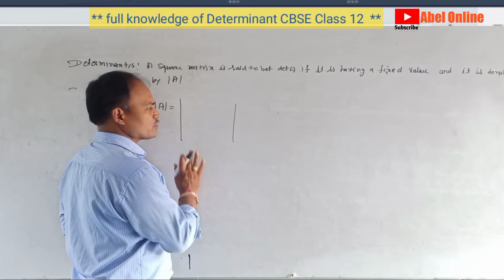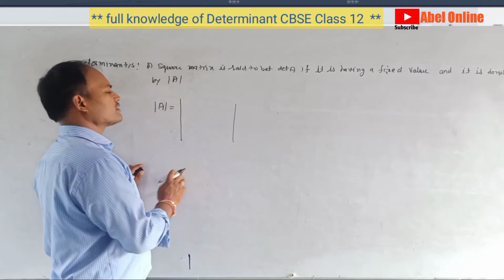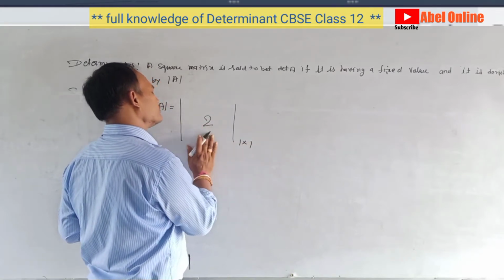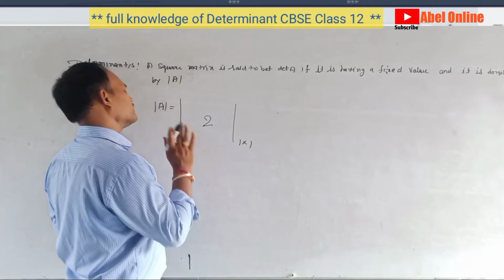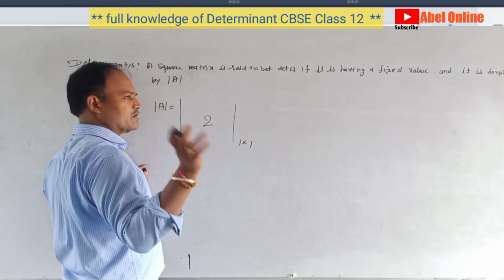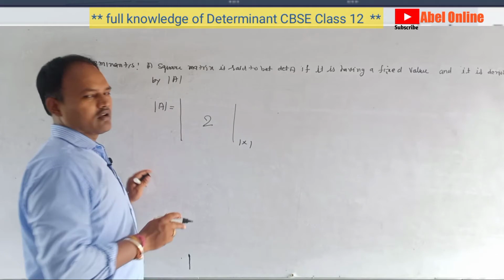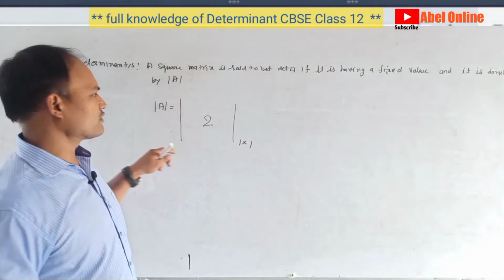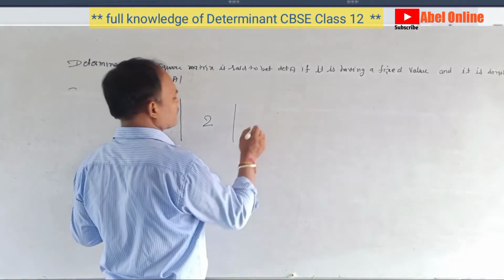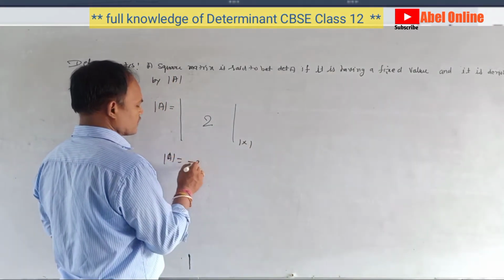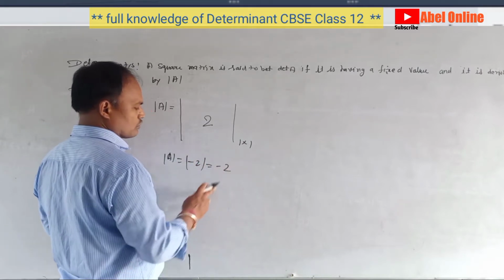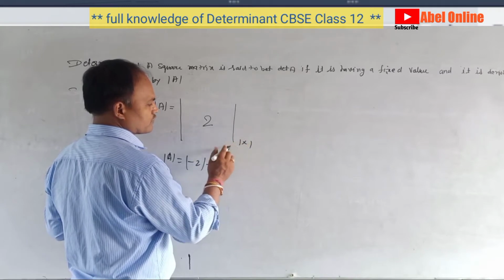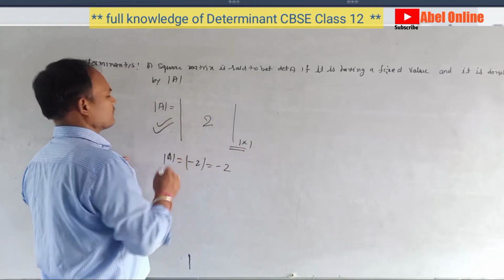When we are talking about 1 cross 1, suppose it is 2, maybe it is positive or maybe it is negative. Be careful, this is not the modulus. Maybe determinant of A equals -2, so it is -2. Remember, the order of this is 1 cross 1.